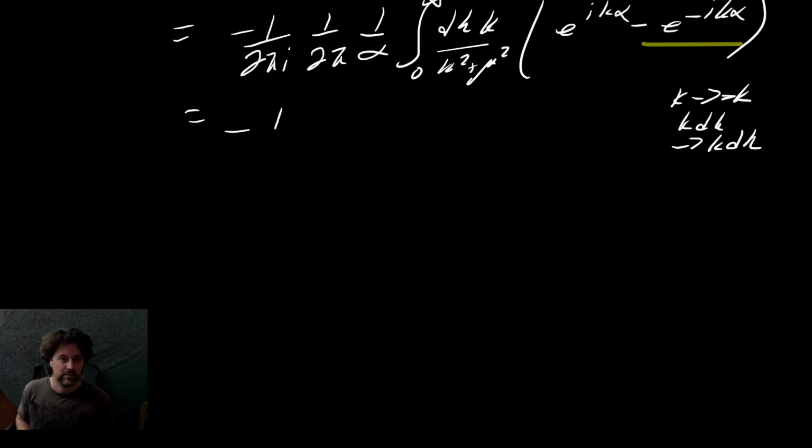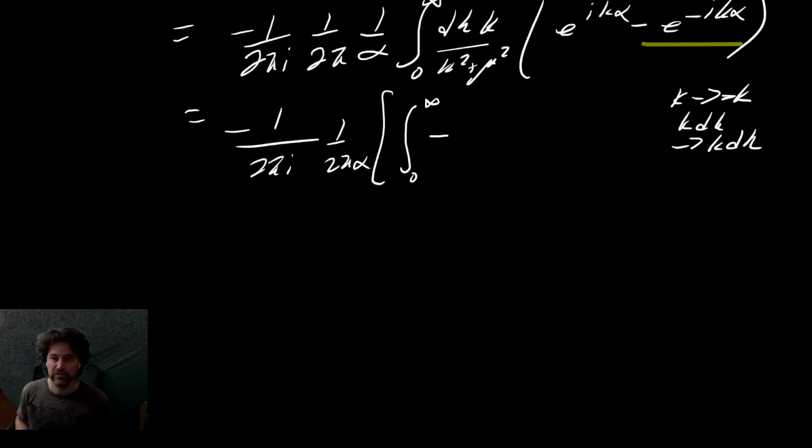minus 1 over 2 pi I, 1 over 2 pi alpha, times the integral from 0 to infinity plus the integral from 0 to minus infinity, but it is minus, of k dk over k squared plus mu squared, e to the I k alpha.